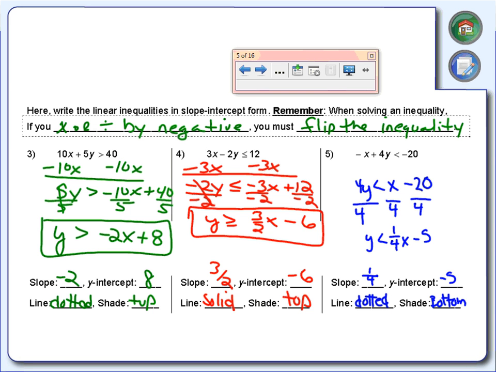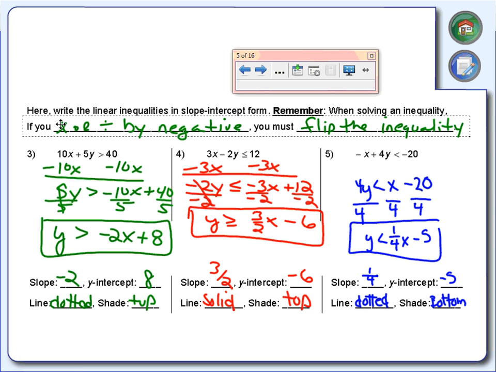All right, there you go. Her slope-intercept form was y is less than 1/4 x minus 5. Slope was the 1/4. Y-intercept was -5. We should be using a dotted line since there is no equal sign. And it is shaded to the bottom.